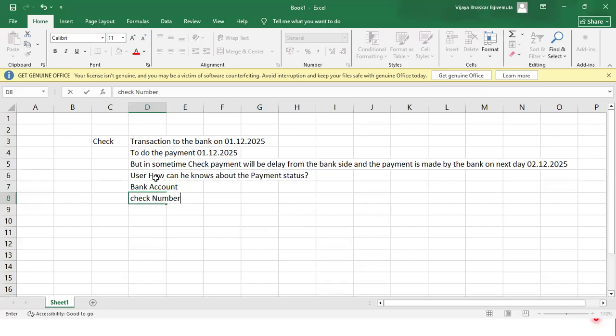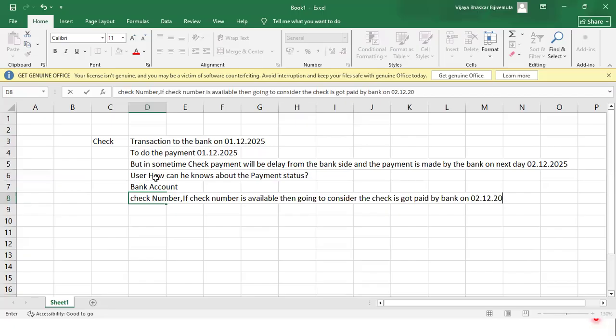If the check number is available, then he considers the check as paid by the bank on that date, 2025.